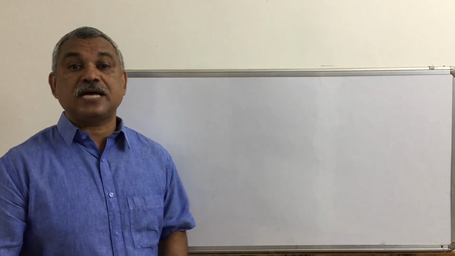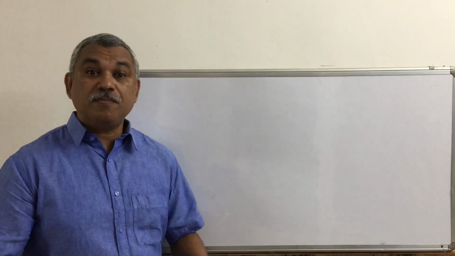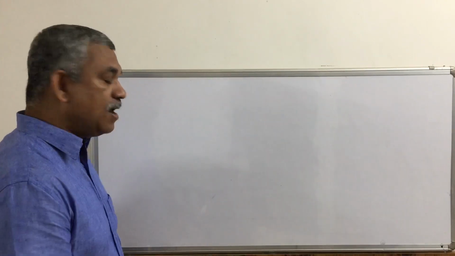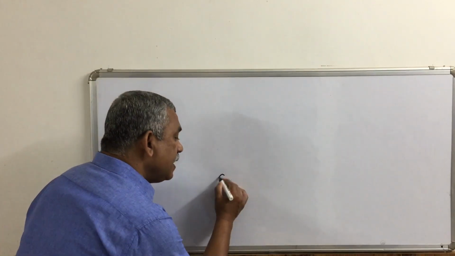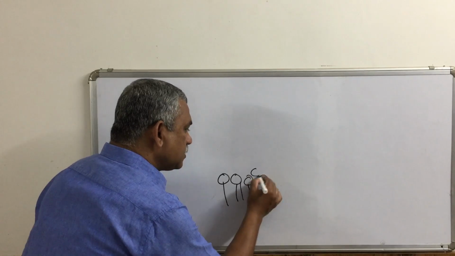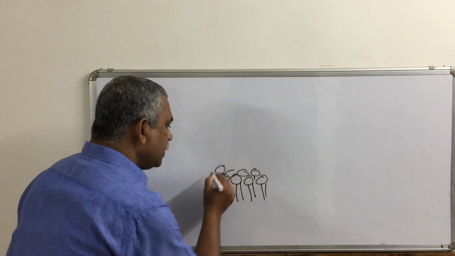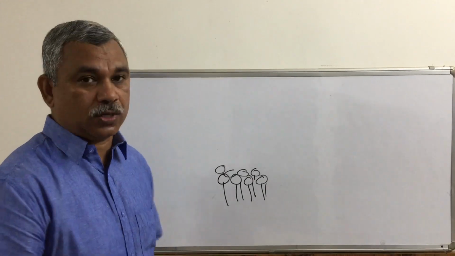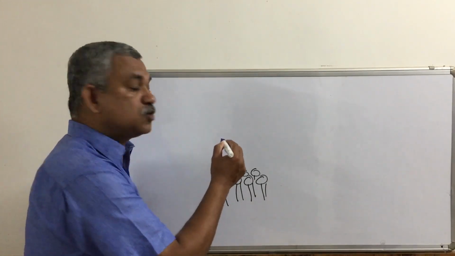All mucopolysaccharides have a common structure except hyaluronic acid. And these are embedded in the cell plasma membrane. Assume this is the plasma membrane. The mucopolysaccharide will have a central core, the 5% protein that we are discussing.